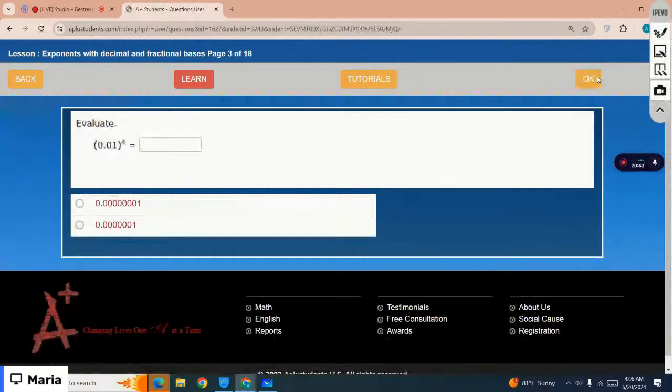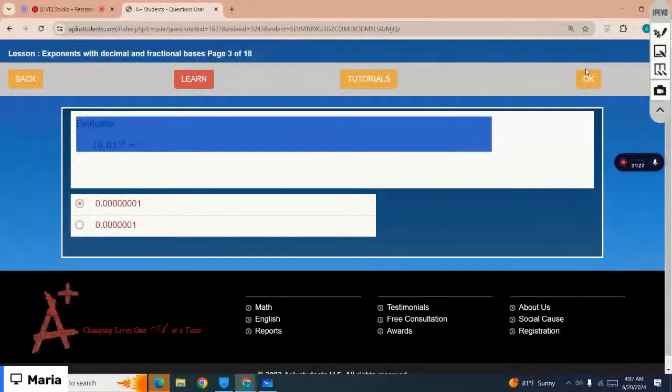The next one is 0.01 exponent 4, which is the correct option. Yes, option number 1 is the correct option.